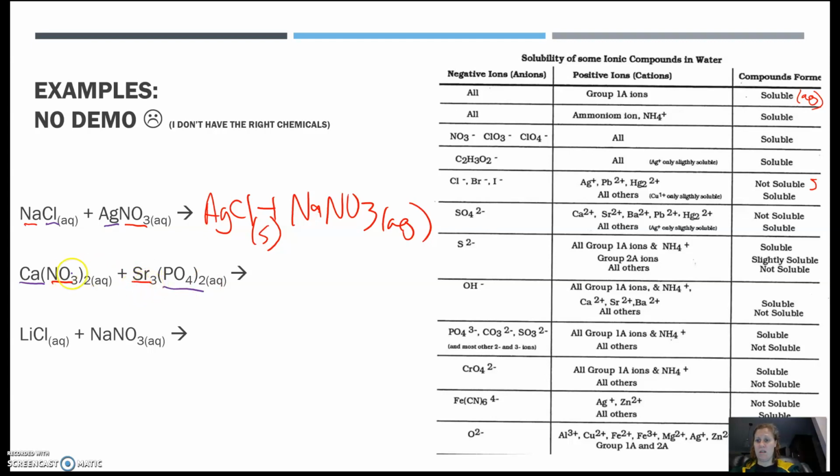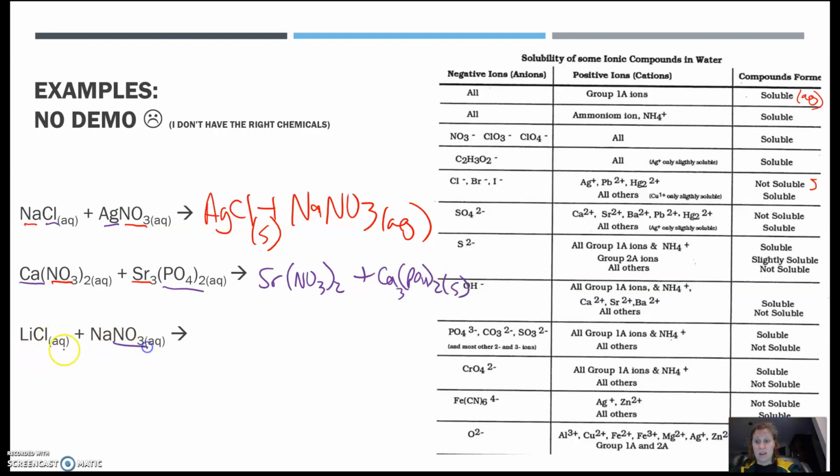It'd be Sr NO3, but Sr and then NO3 twice. This is me doing this with charges without even looking. But that means the phosphate, we'll just double check. Phosphate, all group 1A ions and NH4 are soluble. Well, calcium is not 1A or NH4, so it's not soluble. So calcium phosphate is the solid, Ca3PO4, that's our solid. So that would react.